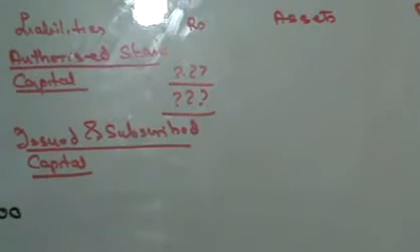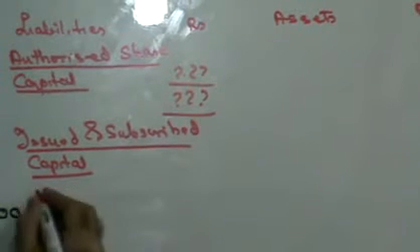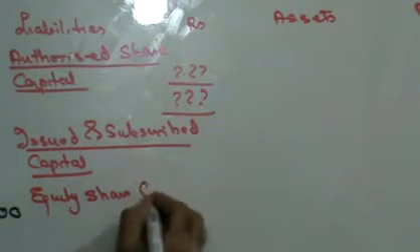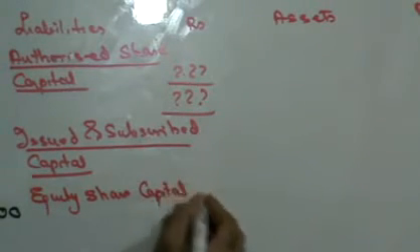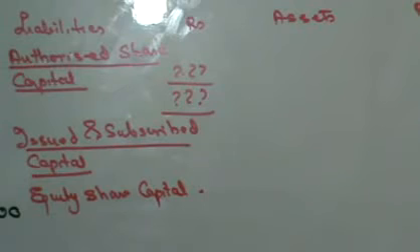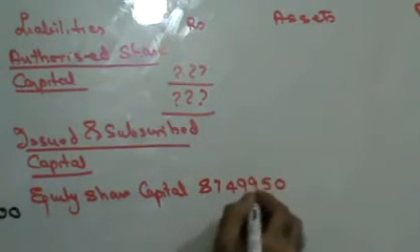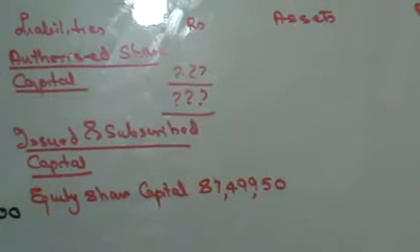Issued and subscribed capital: in that you are going to have equity share capital. You already had an equity share capital of 75 lakhs in New Wave, and you have issued another 12 lakh 49,950. So this is 87 lakh 49,950. Look at your balance sheet of New Wave, guys.